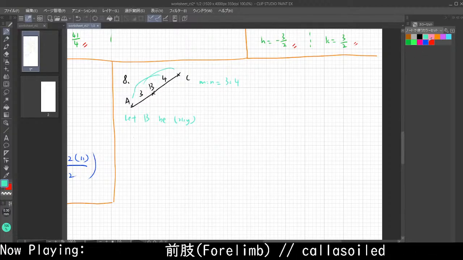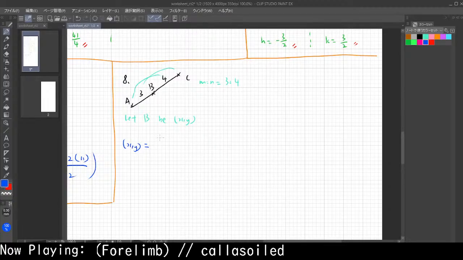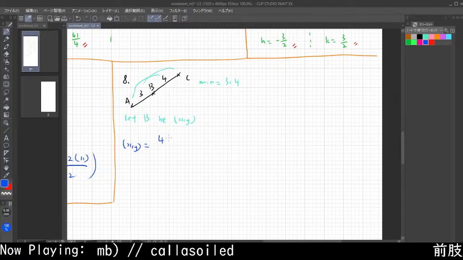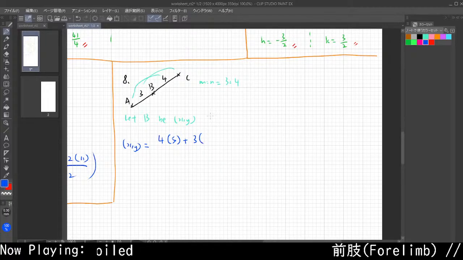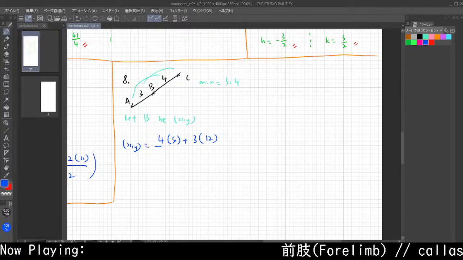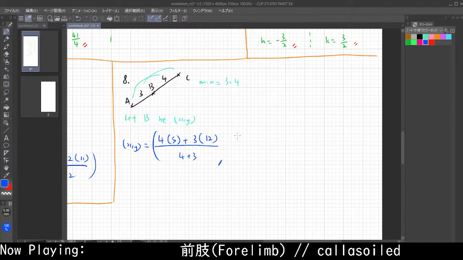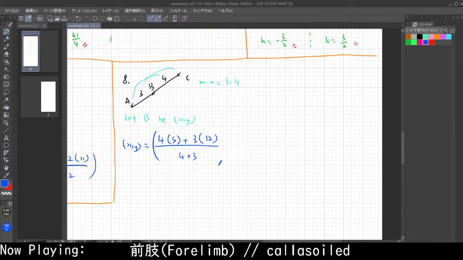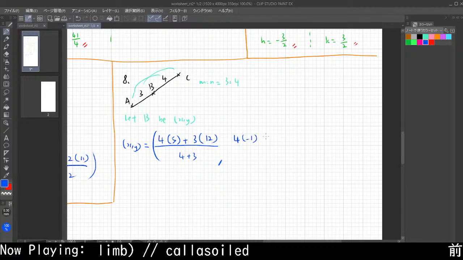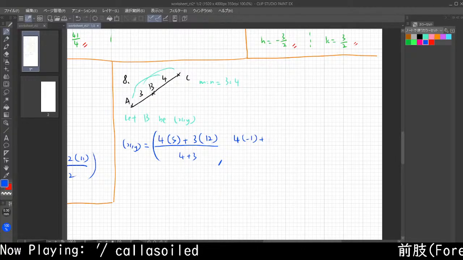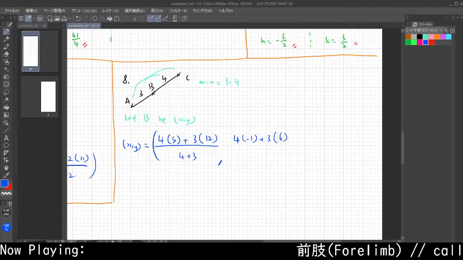Then your (x, y) equals n times x1, so 4 times your a, which is 5, and then 3 you multiply it by 12, x2, over 4 plus 3. Then open bracket, you need to use the bracket because it's a coordinate. Then same thing, n multiply y1 plus m multiply y2, so 4 times 1 plus 3 times 6.